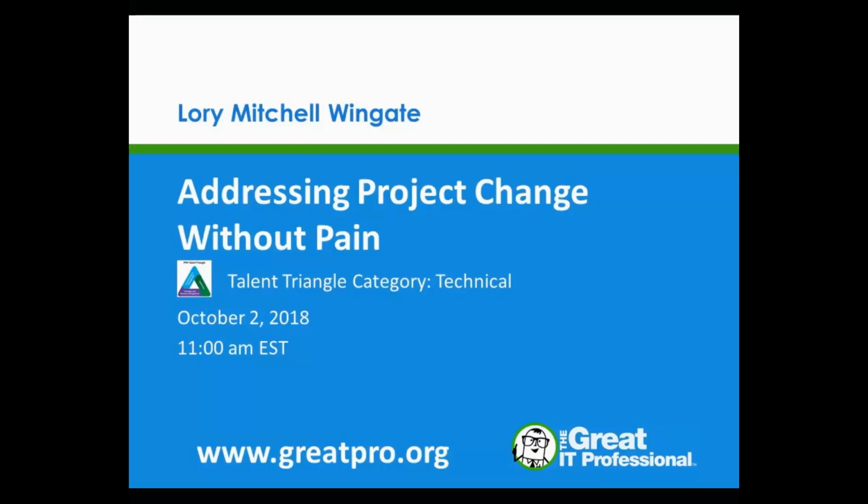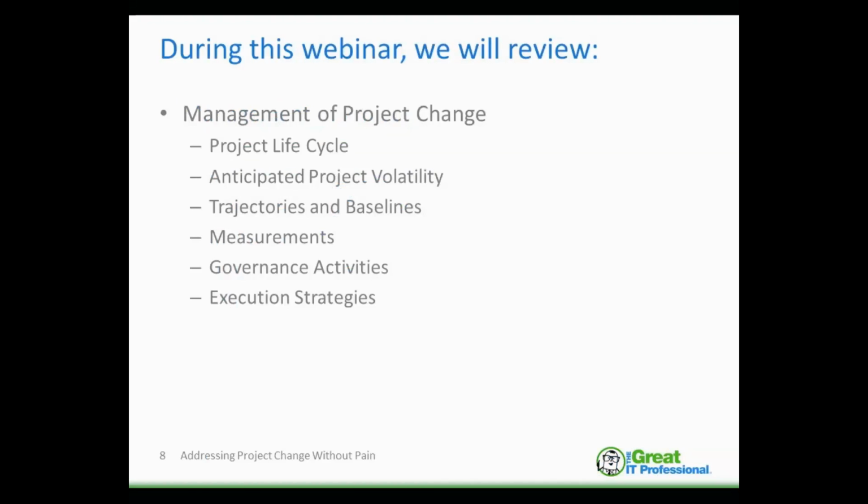During this webinar, I will present this integrated approach to life cycle management of a system. Then we're going to explore the topic of project volatility, or the level of expected change within the project throughout its life cycle. We're also going to review techniques used to establish trajectories and baselines, which will be used to measure change.